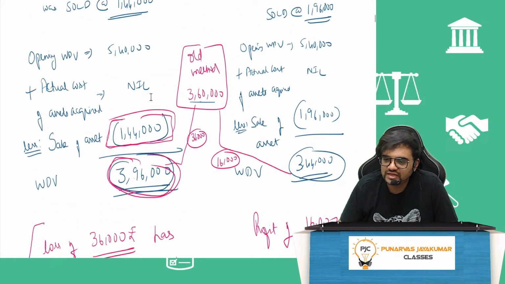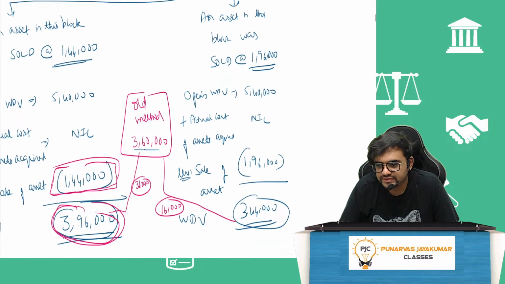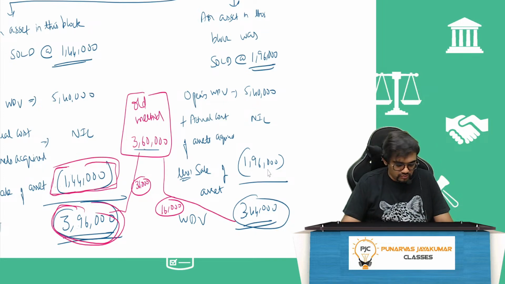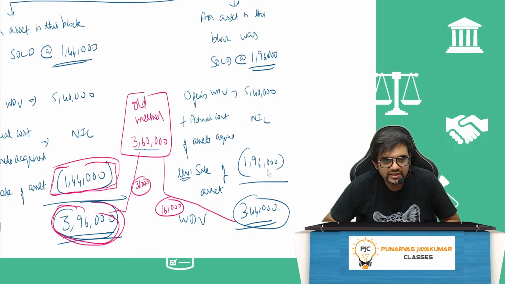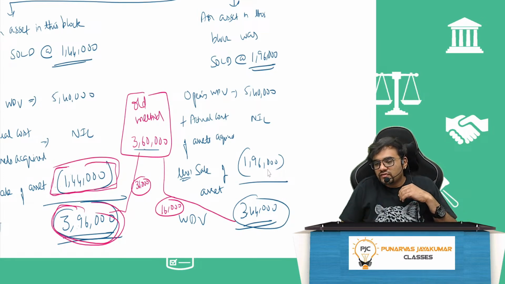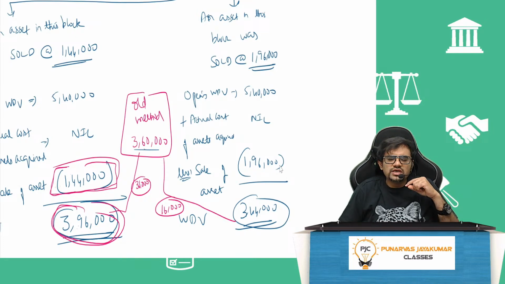On the other hand, if I have sold it at a profit, 1,96,000: if I sold it at a profit, more will be subtracted or less will be subtracted? More. How much is subtracted? 16,000 rupees more is subtracted. A 1,80,000 worth asset is sold for 1,96,000. So how much more is subtracted? 16,000.